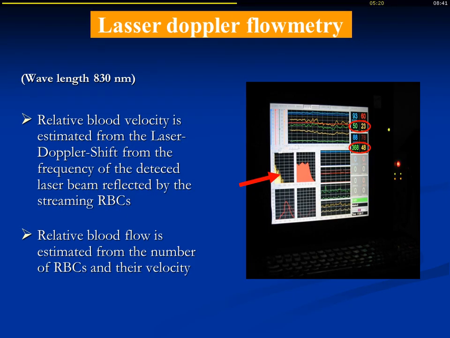Looking at the perfusion indirectly or measuring it using some properties of light or laser light is also on the market. You can look at microvascular perfusion using this technique of laser Doppler flowmetry, which is based on the Doppler effect. It's very easy.